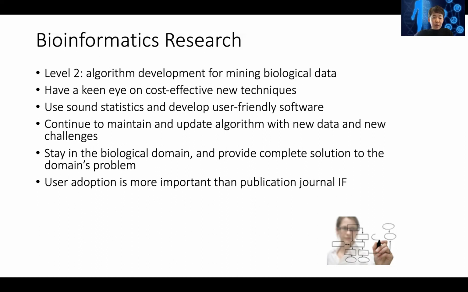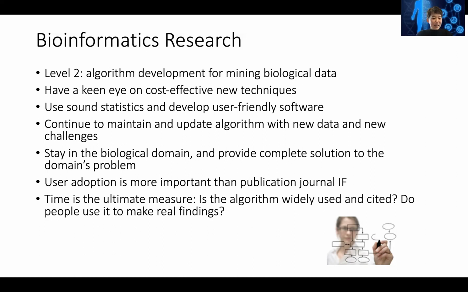As we mentioned, user adoption is more important than the publication journal's impact factor. Even if it's published in Bioinformatics, if it's cited 20,000 times, that's a really successful algorithm. So time is the ultimate measure of success. Is the algorithm widely used and widely cited? Do people use it to make real findings?